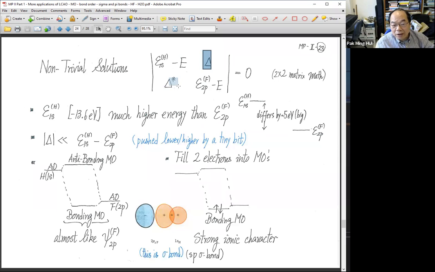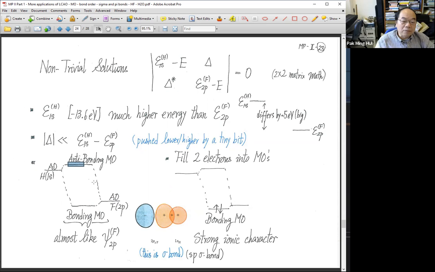This square divided by the difference. The difference is 5 eV, very big, okay? Therefore, what we expect for the formation of MO will be: fluorine, hydrogen 1s, one is pushed down here. This is bonding MO. This is anti-bonding MO.